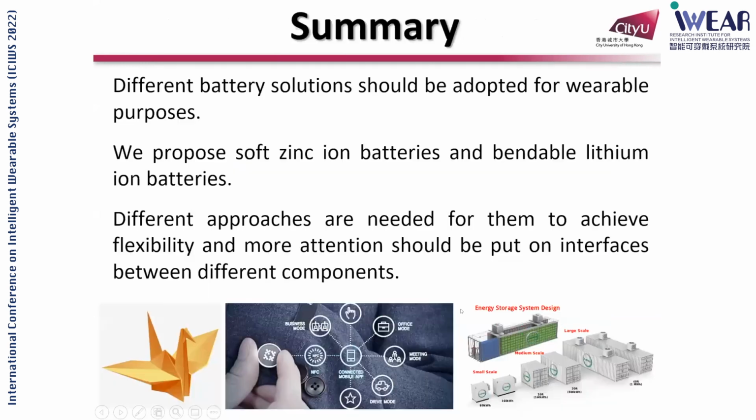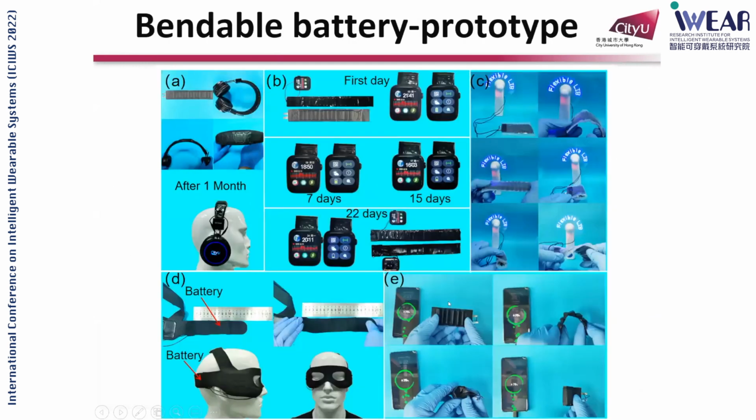Okay, but honestly speaking, we still have some challenges. Although we passed all the bending and twisting tests, the problem is when we fabricated, for example, 100 batteries, we found that some of them, after deformation, may have some gas after a certain period, for example 30 days.